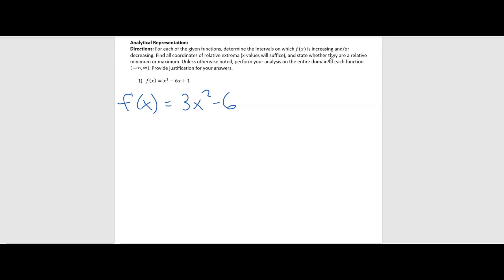If we can find out where the derivative is equal to 0, then we can look in between those zeros to know whether it's positive or negative, which will tell us whether the function's increasing or decreasing. So set the derivative equal to 0 and solve for x. So I'm just going to do that real quick.